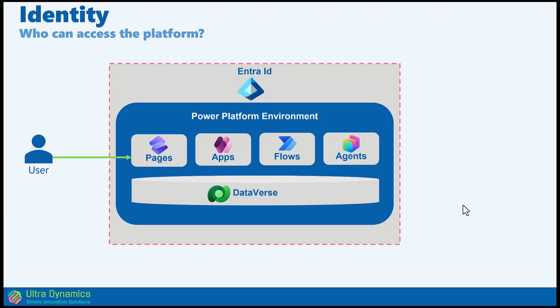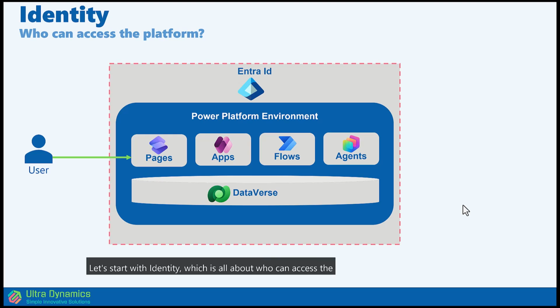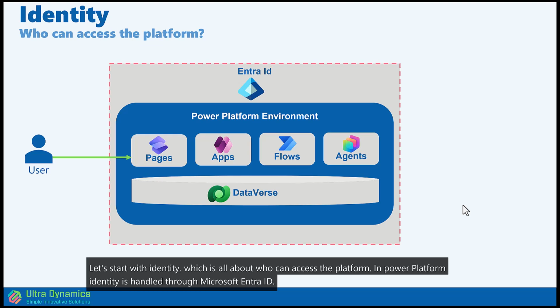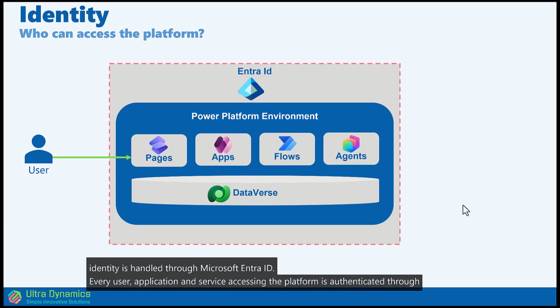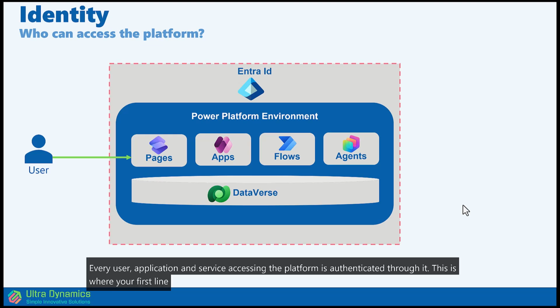Let's start with identity, which is all about who can access the platform. In Power Platform, identity is handled through Microsoft Entra ID. Every user, application, and service accessing the platform is authenticated through it. This is where your first line of defense sits, through controls like authentication and MFA.